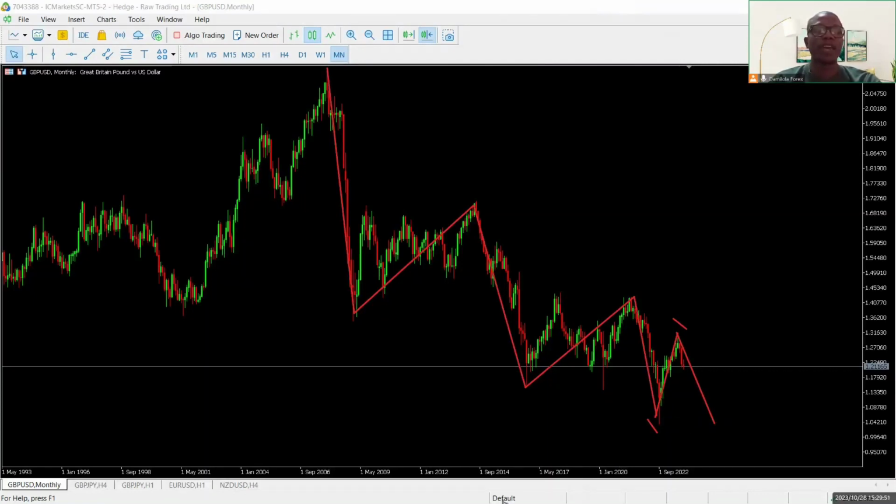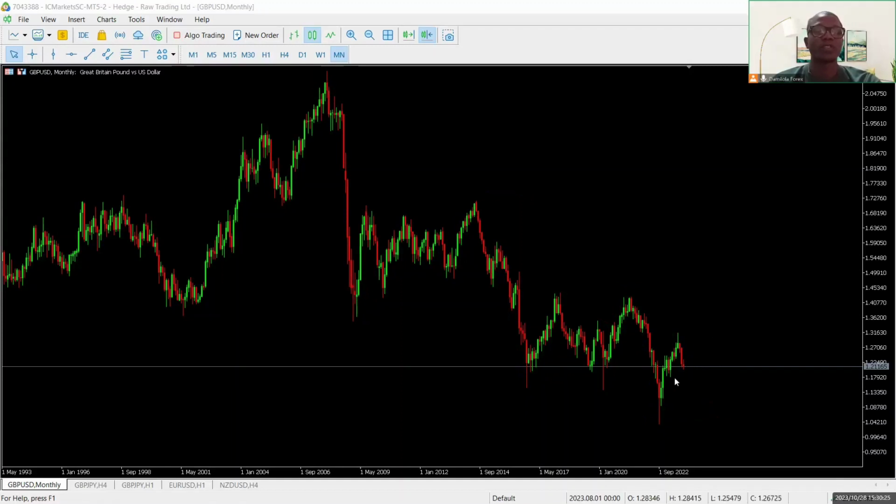So any buy that we're picking, for example, this is a lower low, any buy that we're picking, maximum is to the 61.8, knowing fully well that price is moving on lower highs, and this potentially will be another lower high. And once we exit our trade at 61.8, we look for a violation of the structure that took it to 61.8. Once the structure is violated, we sell down to 100.0.